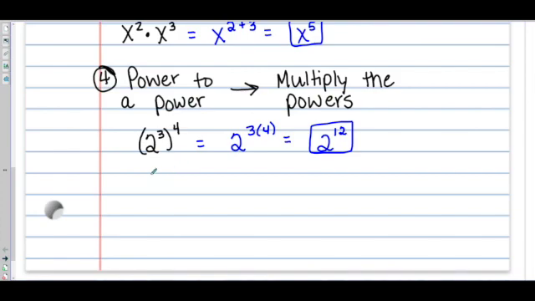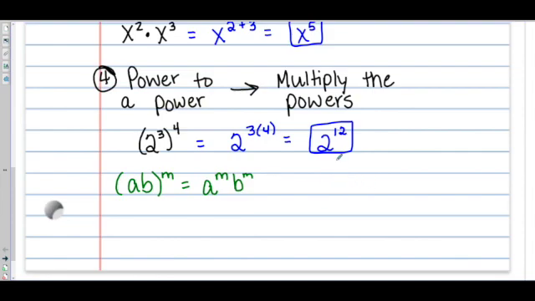So what happened here was this. If you have A times B and all of that to the m power, this can be written with the exponent going with everything inside the parentheses. So it's A to the m power and B to the m power.